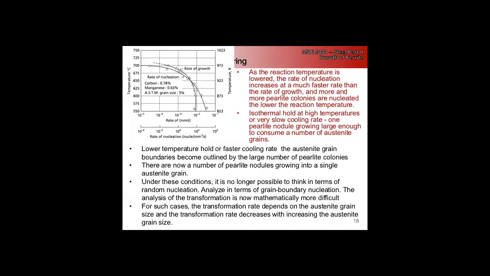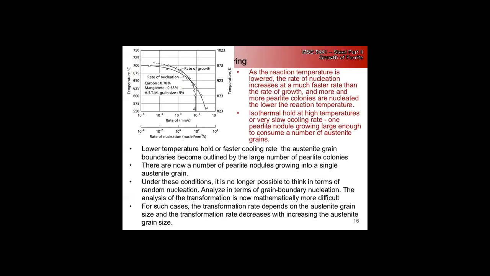So at low undercoolings, at higher temperatures, you get growth is easier than nucleation of a new pearlite colony. So you get large pearlite colonies that can grow to the size of several prior austenite grains, right?